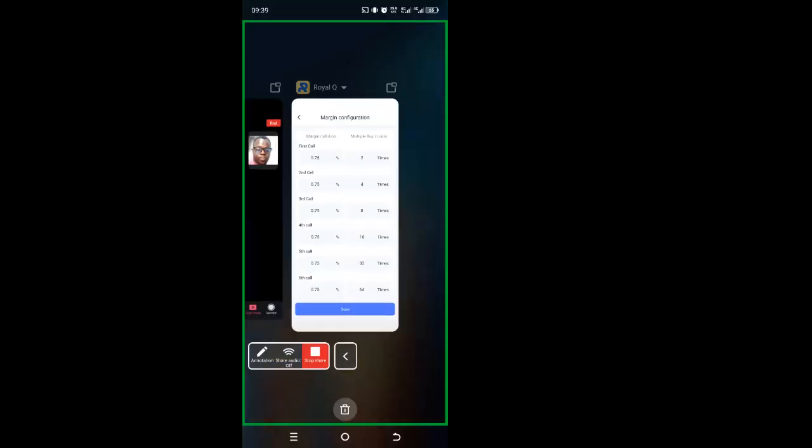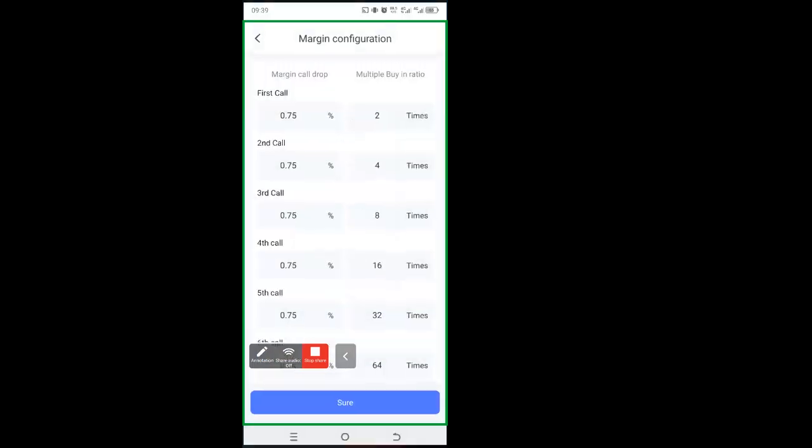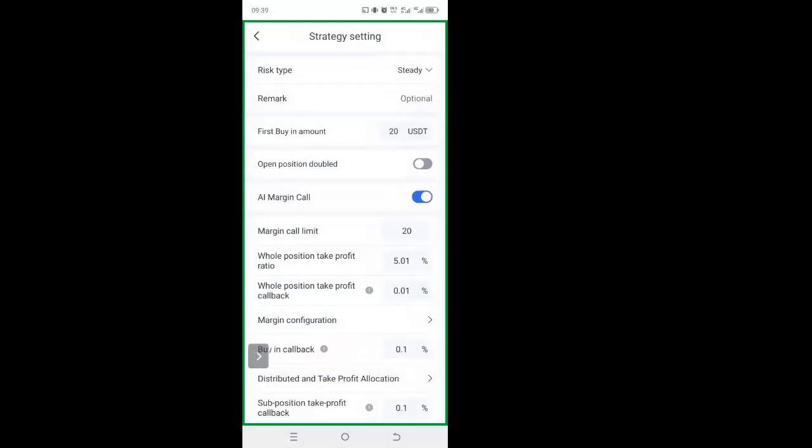Here you calculate. Divide this. If you understand this, you're going to multiply the first buy-in amount times the margin call limit.